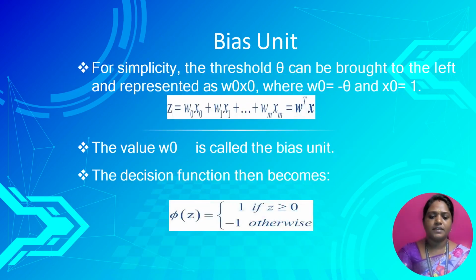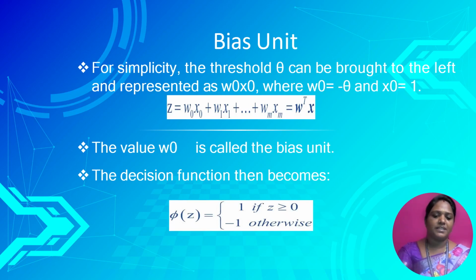The next one is the bias unit, how it is represented in the perceptron architecture. For simplicity, the threshold value theta can be brought to the left and represented as W0 and X0, the weight and input values, where W0 is minus theta and X0 is the value 1.